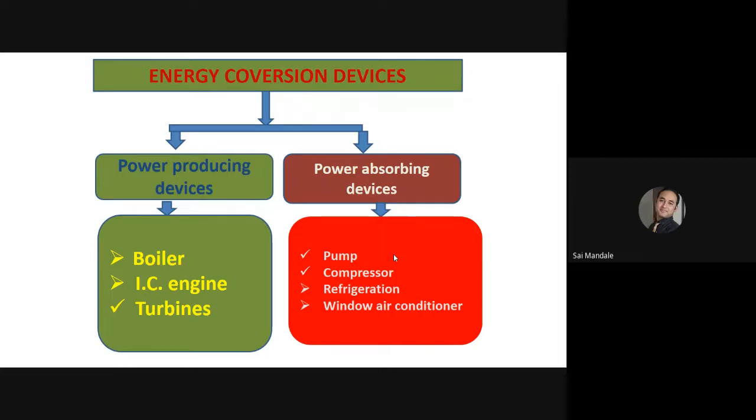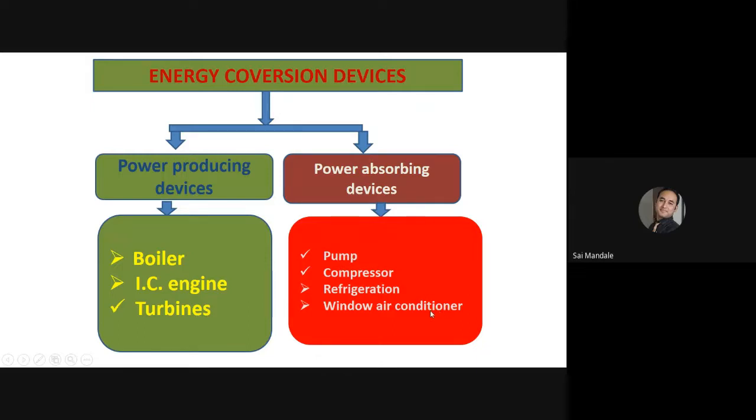In order to operate them, we need electricity. So we are paying to run them. When we run the refrigerator, or the window air conditioner, we have to pay something to the MSEB because we are consuming electricity. So we are consuming power. All the appliances which run on electricity are called power absorbing devices.